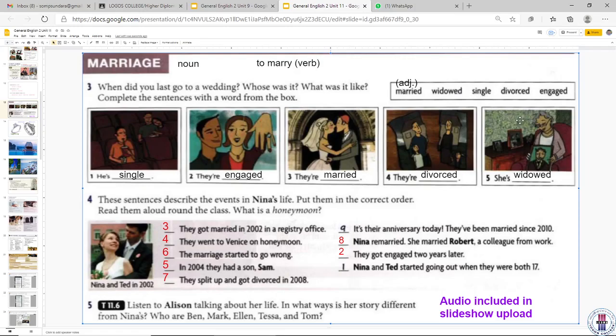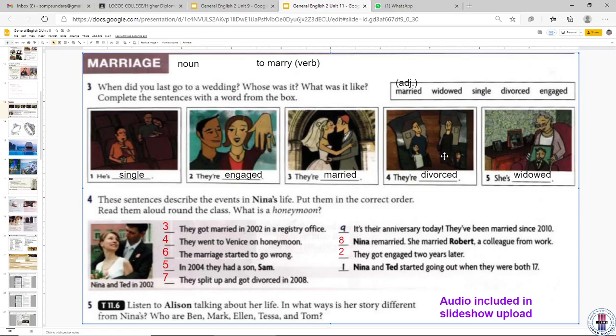If the wife of the man passes away, they usually don't say he's widowed. They just say his wife passed away. I'm not sure why. Next one, single. Look at number 1. He's going to the movie by himself, right? He's single. He's looking for a girlfriend.